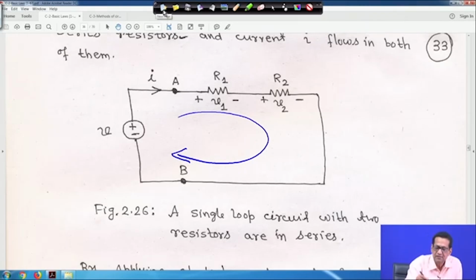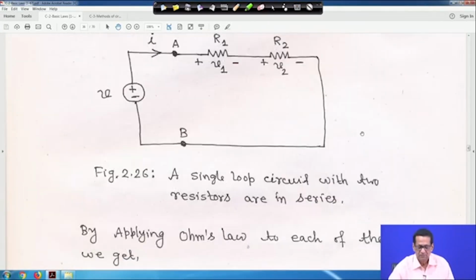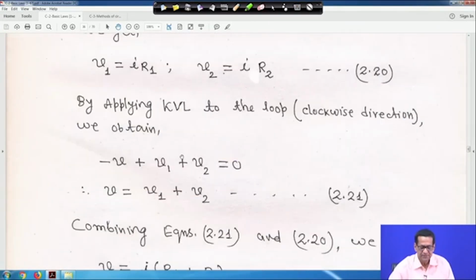So, let me clean it, right. Just hold on. In this case it is minus V plus V1 plus V2 is equal to 0, or V is equal to V1 plus V2. Here V1 is IR1, and here it is IR2, that is equation 20.